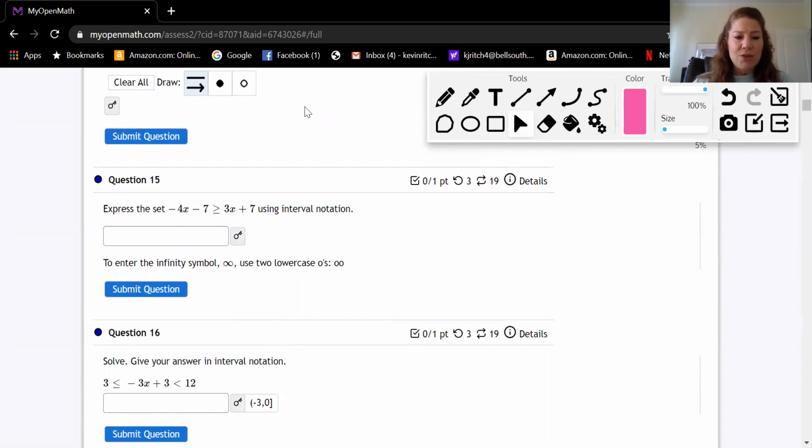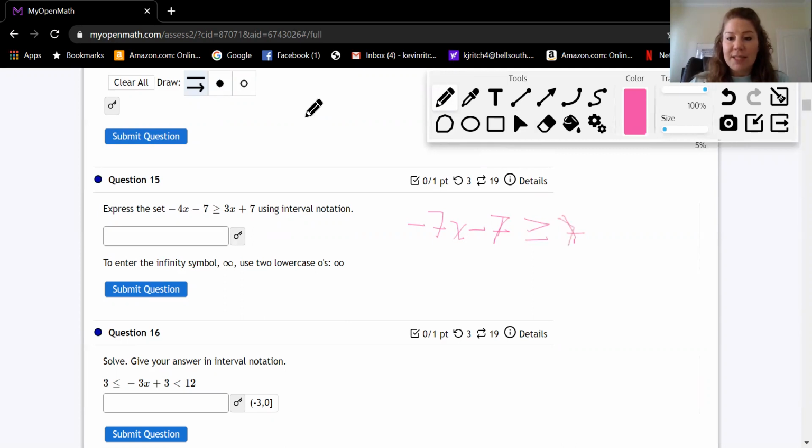I always want my variable on the left side for inequality. So actually we're going to subtract 3x from both sides. So negative 4x minus 3x will be negative 7x. And that gets one of my variables on the left side.